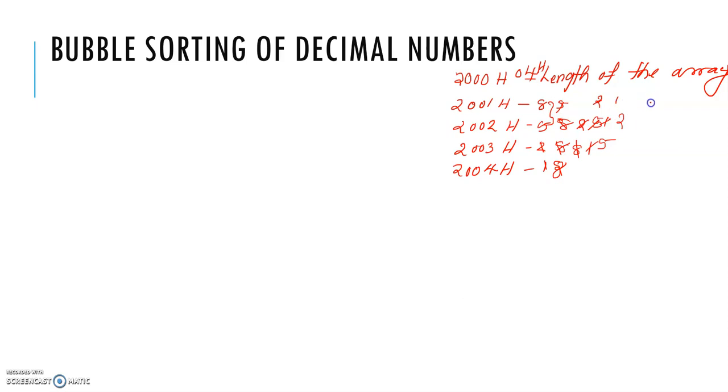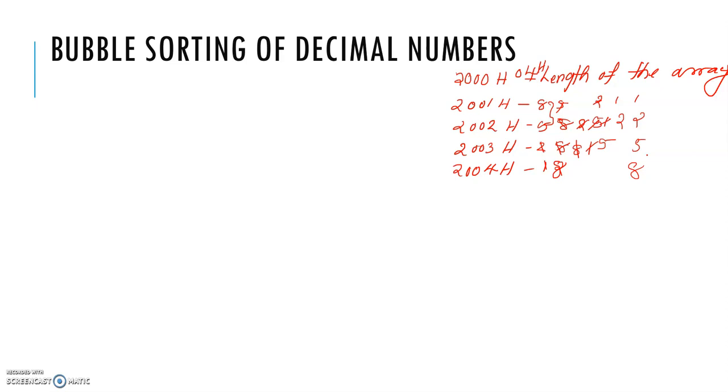So again we need to repeat this for the 4th time. 1 and 2, 1 is smaller, 2 and 5, 2 is smaller, 5 and 8, 5 is smaller, and last comes the 8. So we arrange this in ascending order. So this is what bubble sorting means.